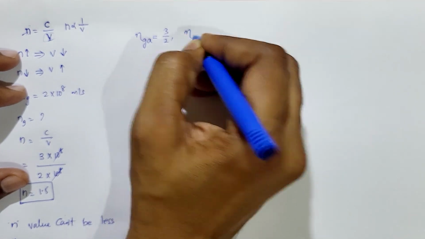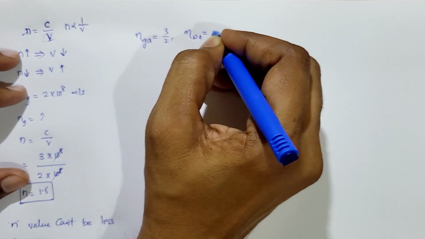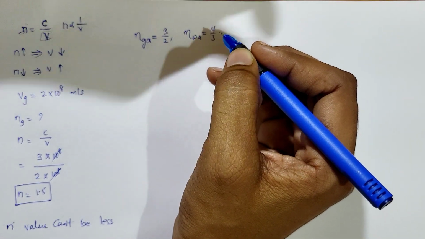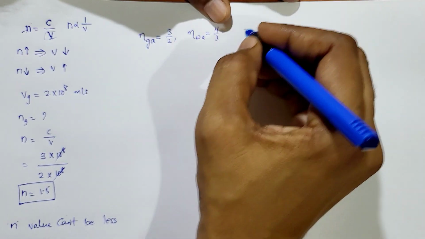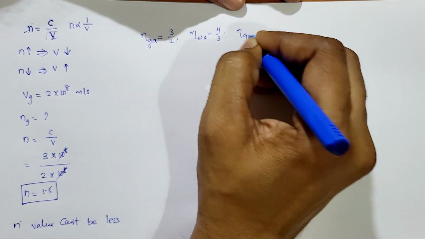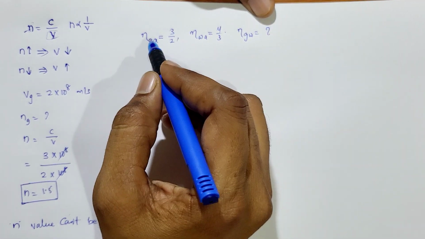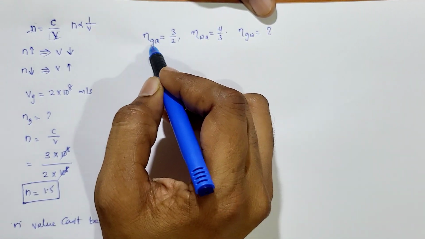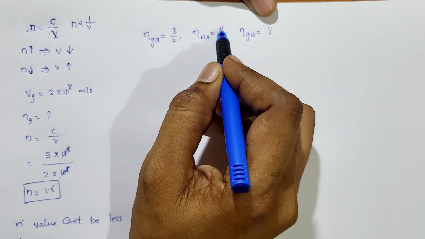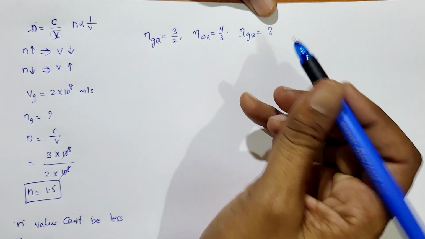And the refractive index of water with respect to air is 4 by 3. Now they will ask you to find the refractive index of glass with respect to water.